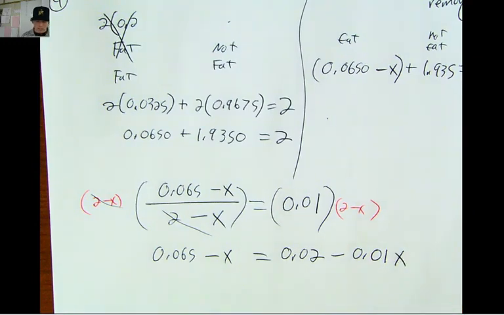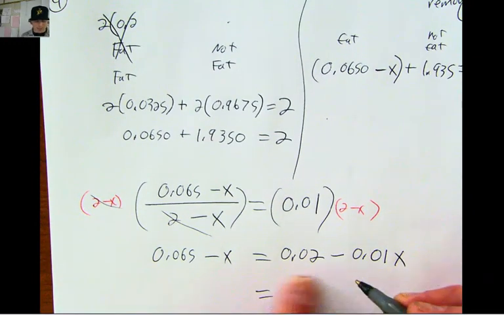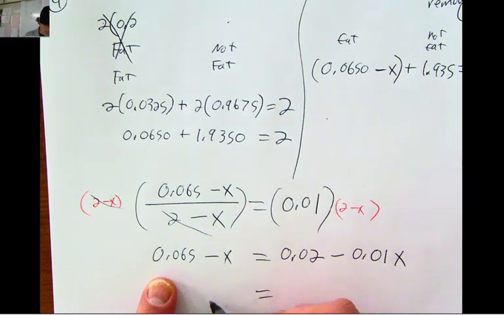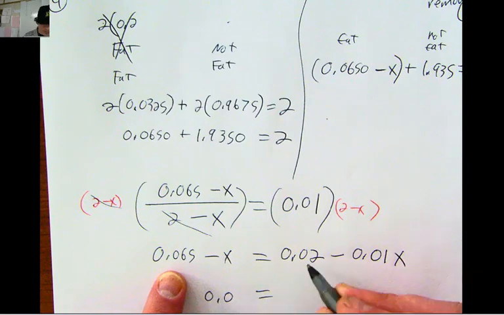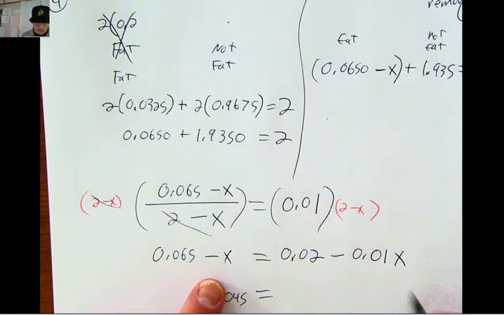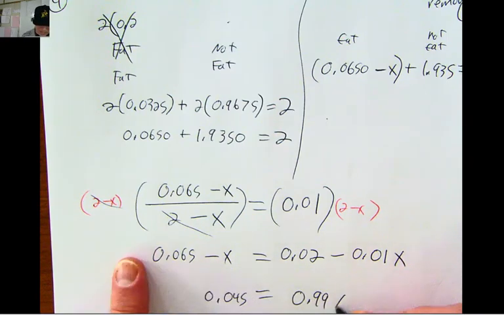0.01x. All right. In this case, I'm going to bring all the numbers to the right, making this 0.0. If I subtracted this from both sides, it would become 5. On the other side, if I added this to both sides, negative 0.01x plus 1x would then be 0.99x.